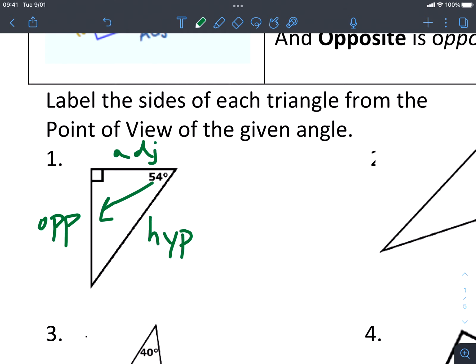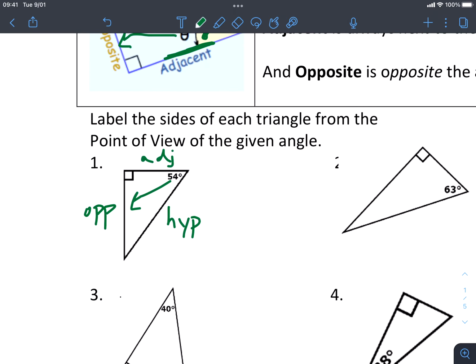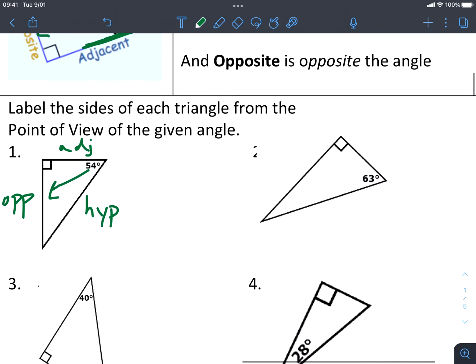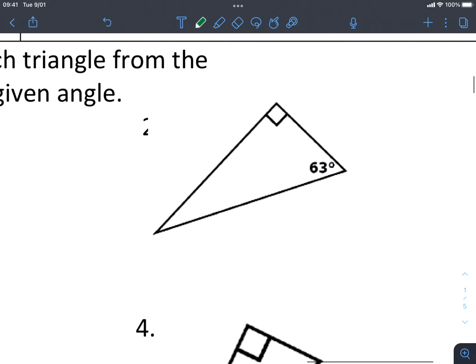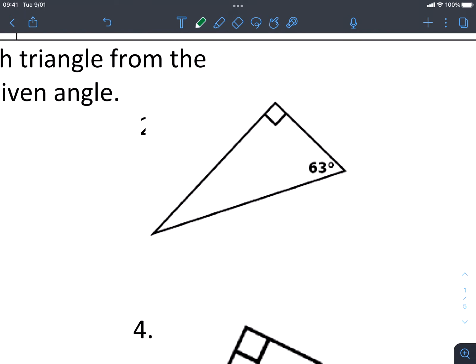So that's how we would label it. These three-letter abbreviations you'll see all the time, so just get in the habit of labeling that way. Again, here's my angle, and my diagonal is my hypotenuse. Remember, the hypotenuse is always opposite the right angle, so that's easy to remember.